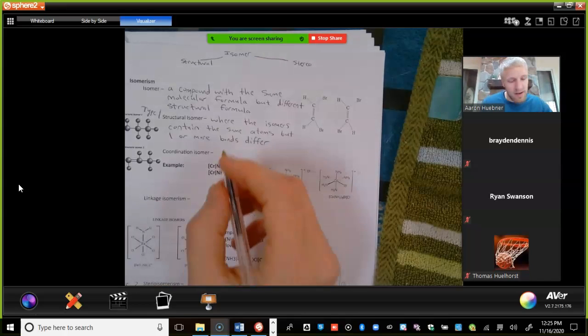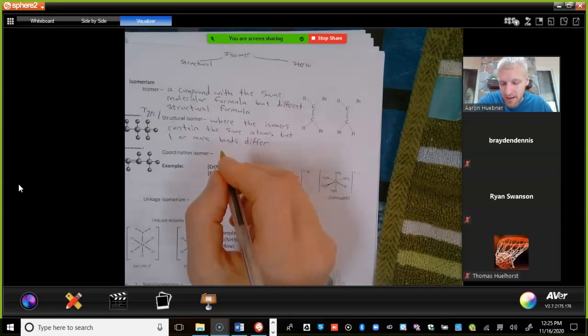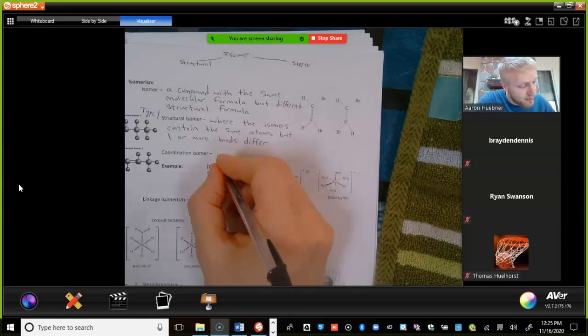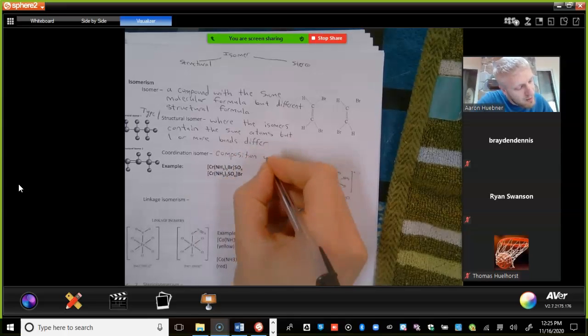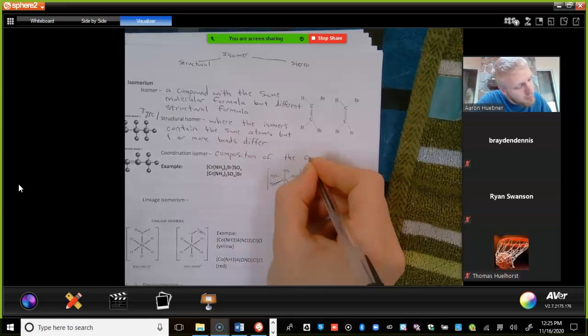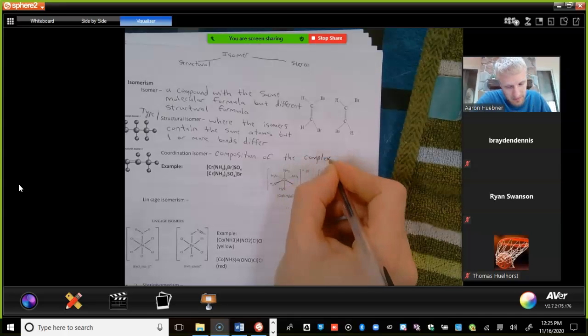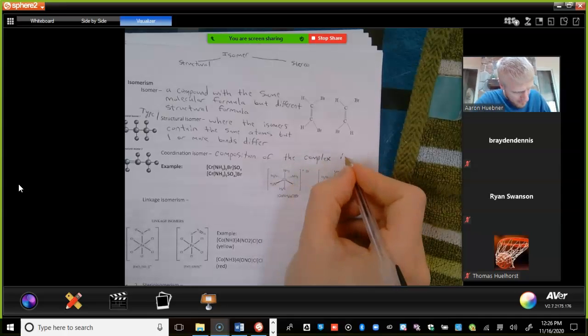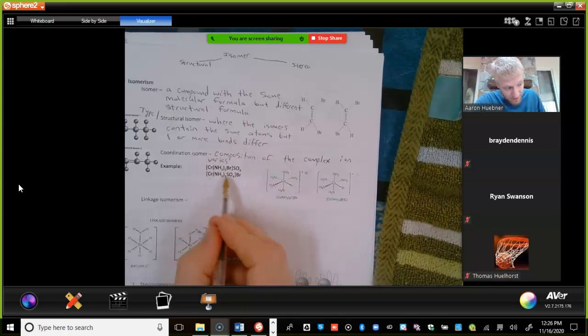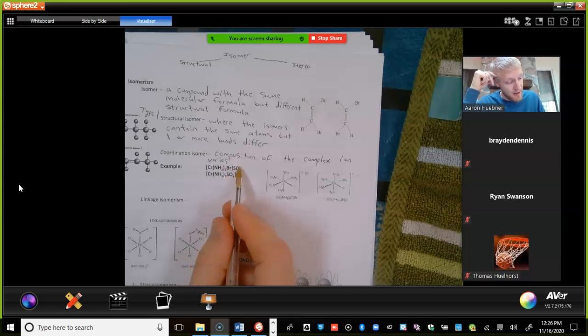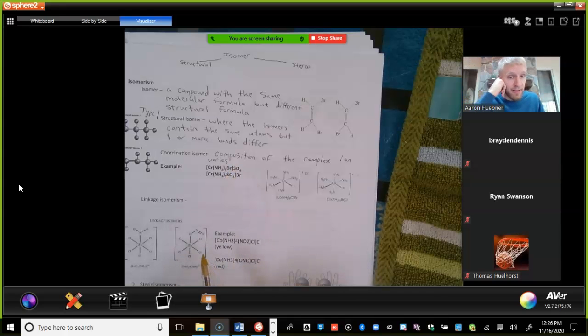To get the word definition, composition of the complex ion varies. Really, this is a better definition for my mind, at least. It's like, oh, there's a switcheroo. The anion is the ligand in the other isomer. That's a coordination isomer.